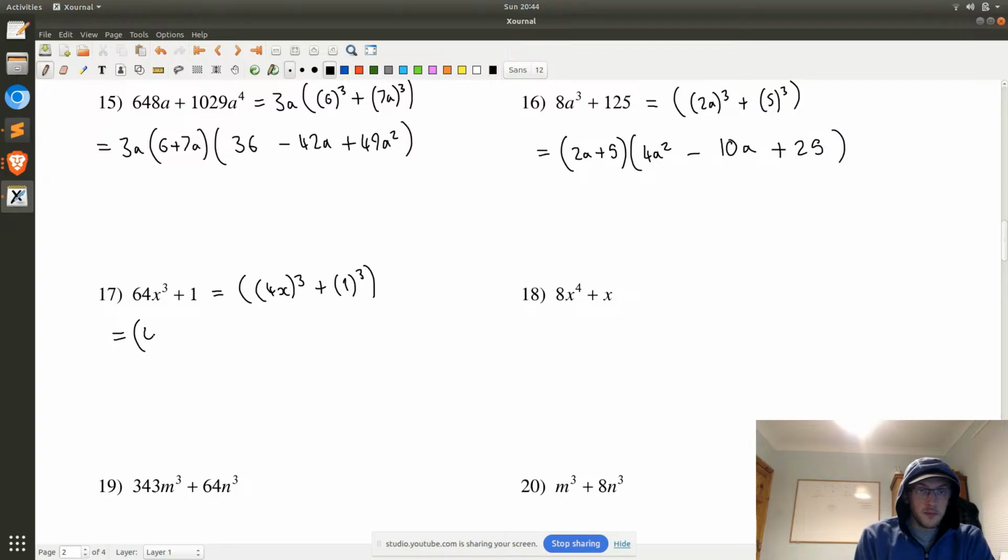So who's first? Square of the first one. Square of the last one. Product of the two.